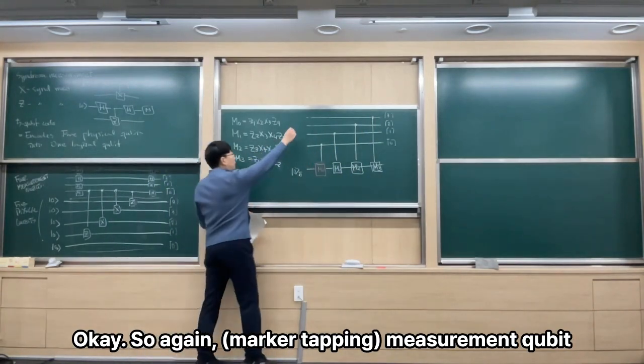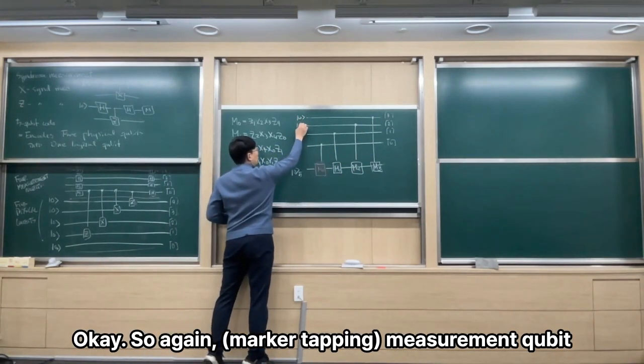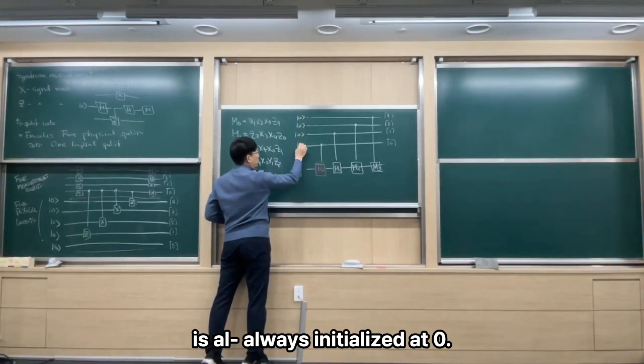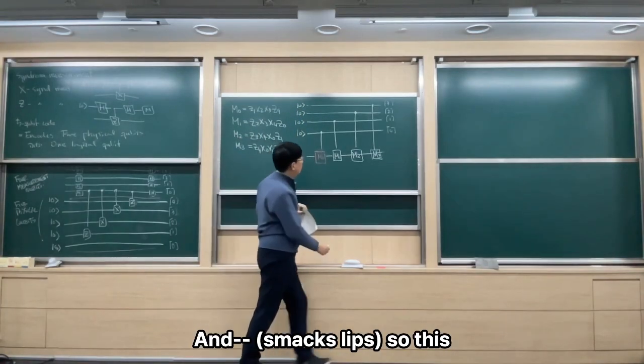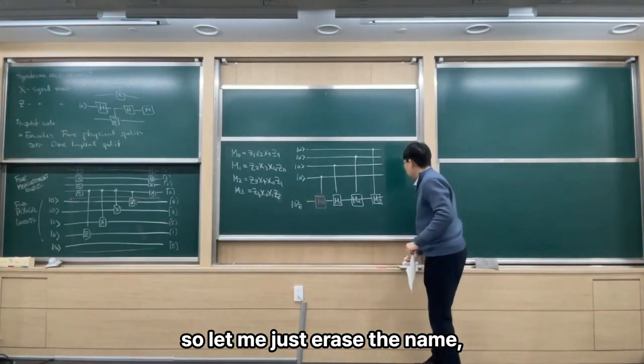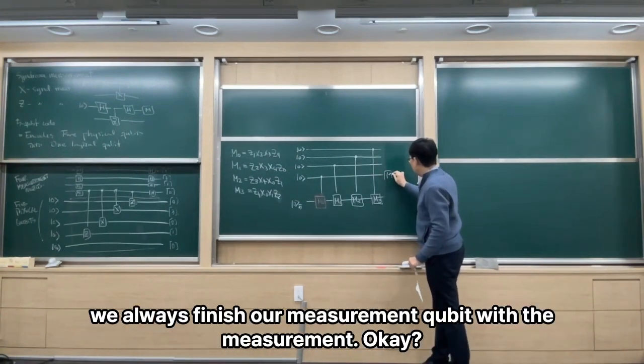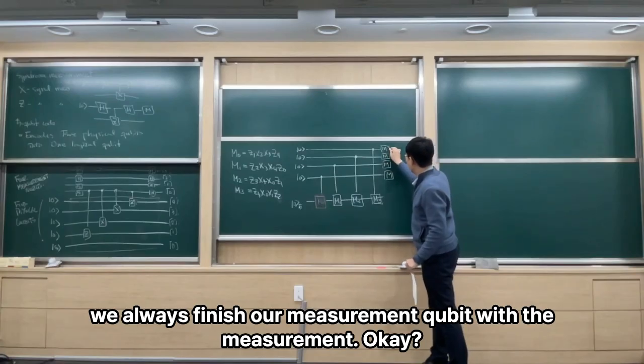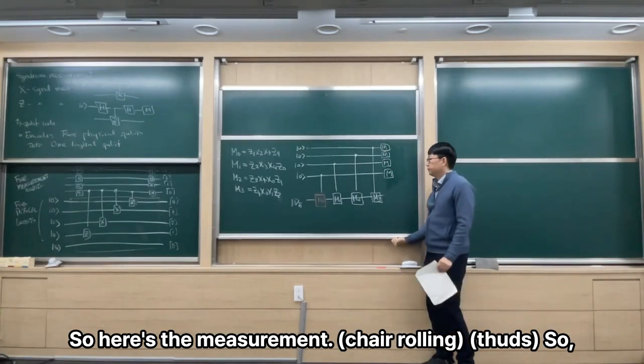Okay, so again, the measurement qubit is always initialized at 0, and this is just the name. So let me just erase the name, and at the end, we always finish our measurement qubit with a measurement. Okay, so here's the measurement.